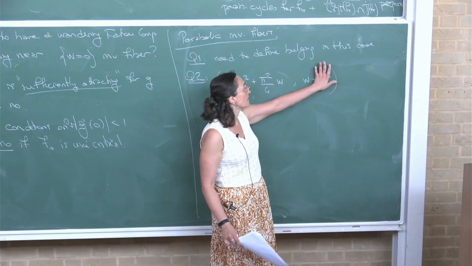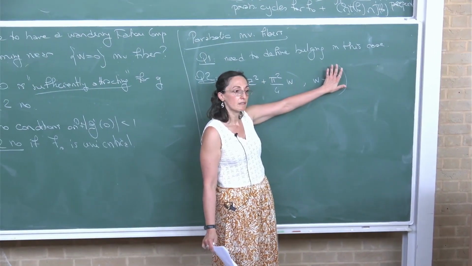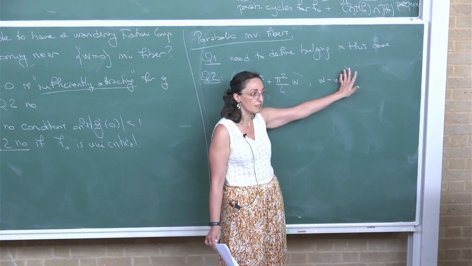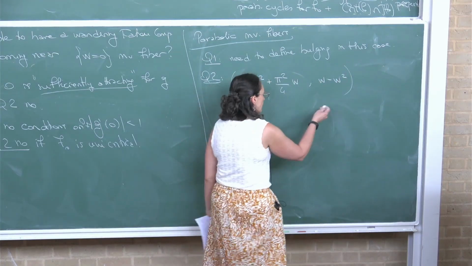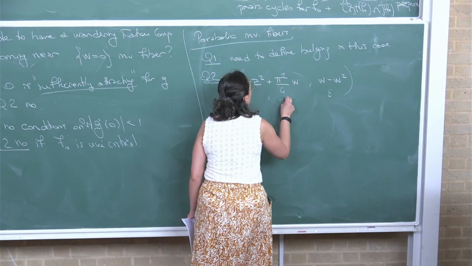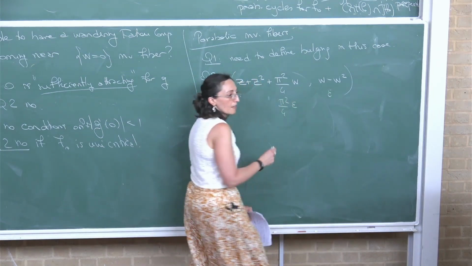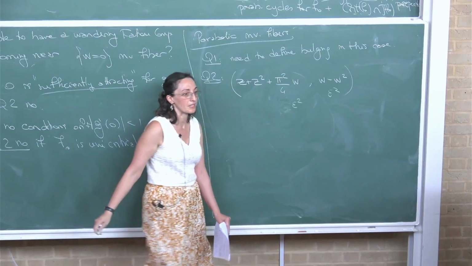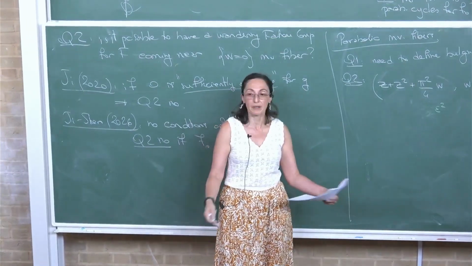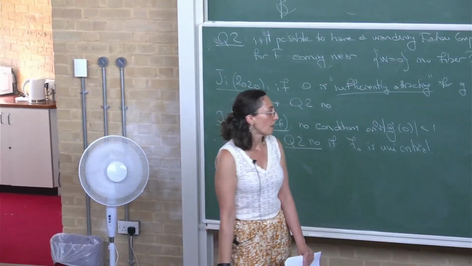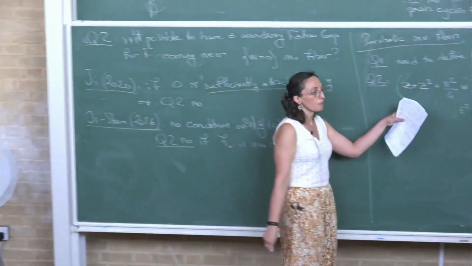If in here I didn't have the w squared, all fibers would be invariant, and if I write epsilon in here, and pi squared over 4 epsilon, and actually just put epsilon squared in here, the experts will recognize that I would be doing parabolic implosion.